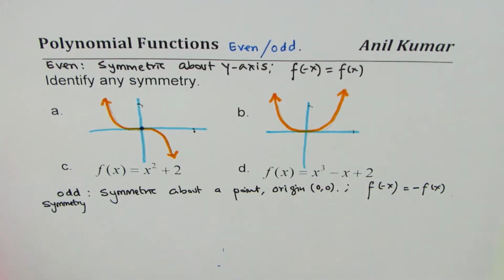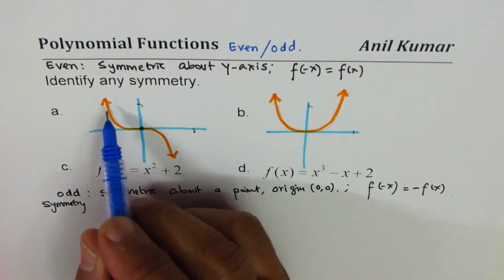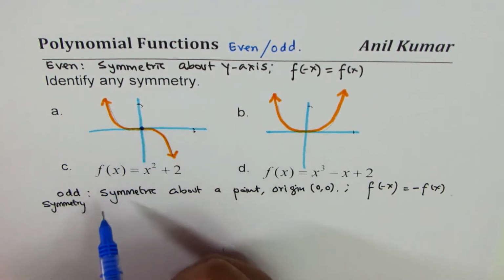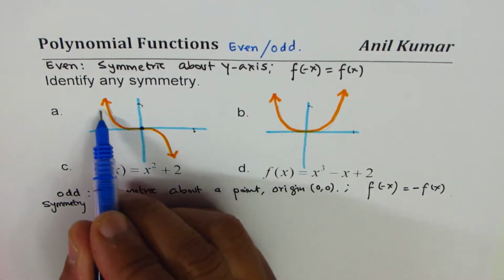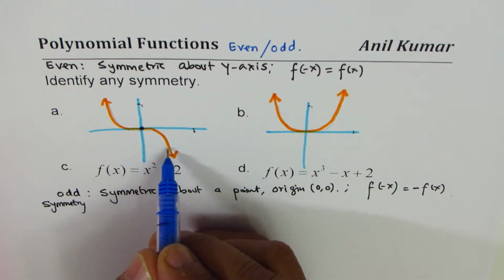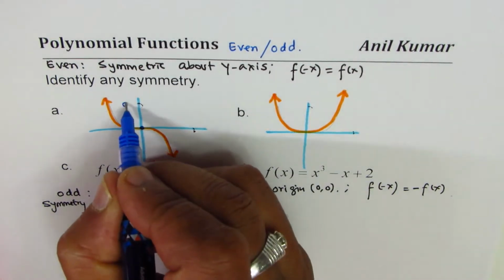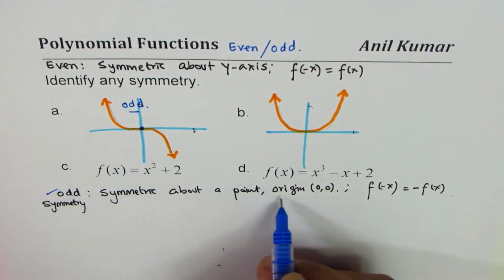Here is my solution. The very first one is an odd degree polynomial going through the origin as shown here, and it has odd symmetry. See, if I draw a line here, every point will have a symmetric point image on the other side. So this one has odd symmetry since it is symmetric about the point origin.